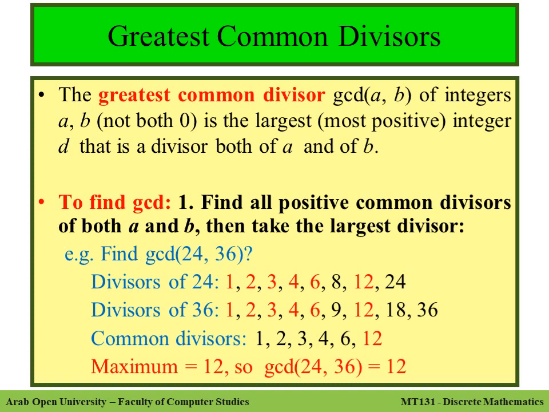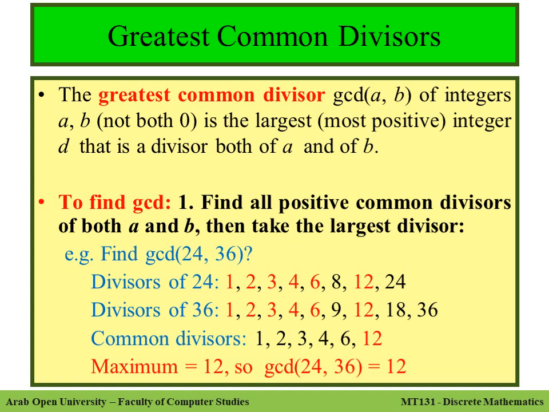The divisors of 36 are 1, 2, 3, 4, 6, 9, 12, 18, and 36. The common divisors, the integers that divide both numbers, are 1, 2, 3, 4, 6, and 12, and 12 is the largest such integer. Then the GCD of 24 and 36 is equal to 12.